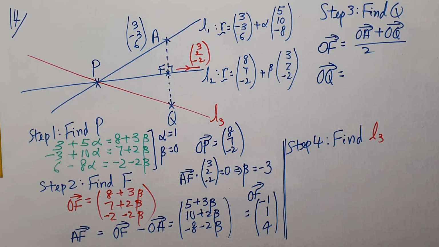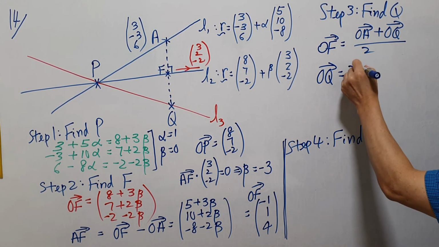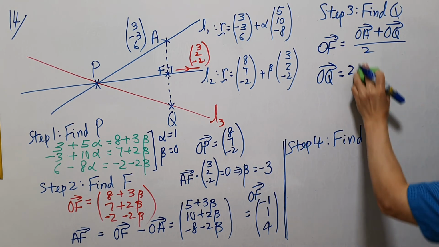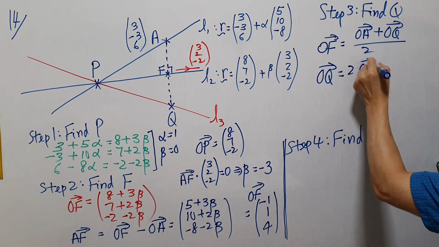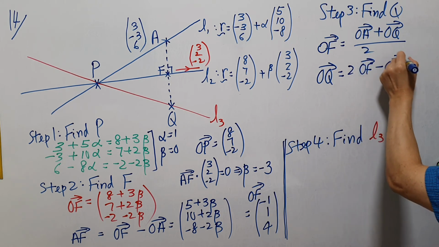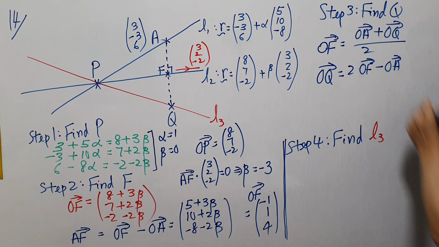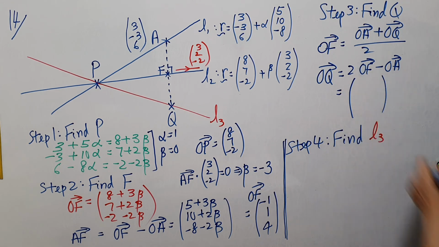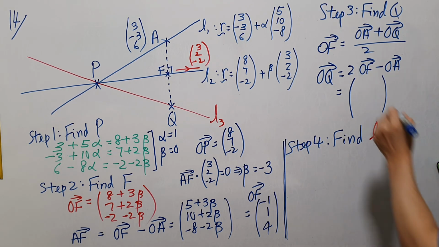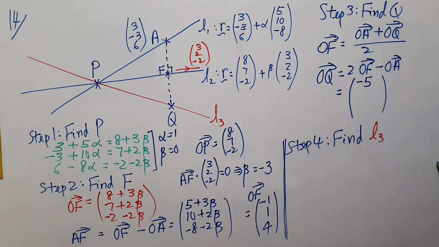I'm going to use my calculator again. It will be equal to 2 times OF minus OA. And this will give me 2 times OF, so minus 2 times OF minus 2 minus 3 is minus 5.